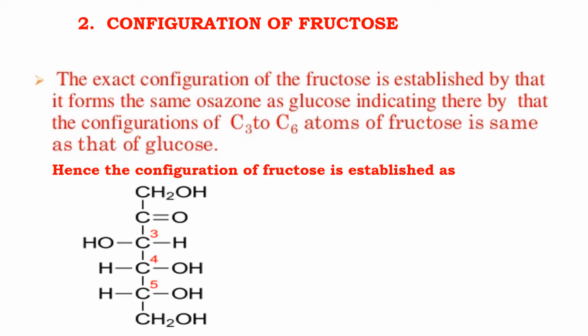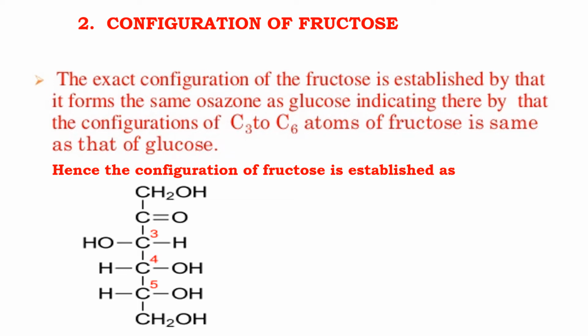Now we move to the second part of structural elucidation of fructose, that is the configuration of fructose. You may be remembering the reaction of fructose with phenylhydrazine. Fructose reacts with phenylhydrazine to form fructose osazone, which is identical to that of glucose osazone.